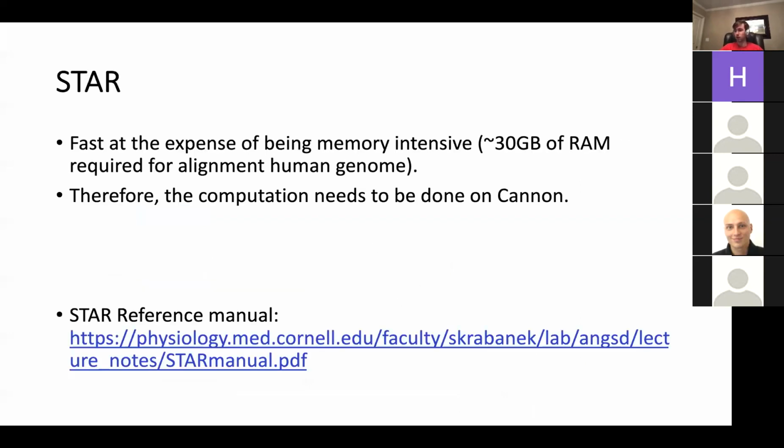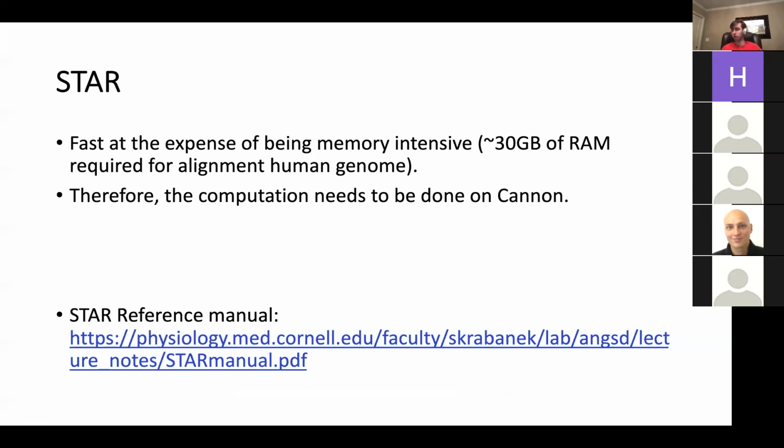STAR uses a suffix array. The way you can think about it is that STAR is basically building a humongous hash table so that it can efficiently take in an input read and find where in the human genome, or any genome, this read came from.